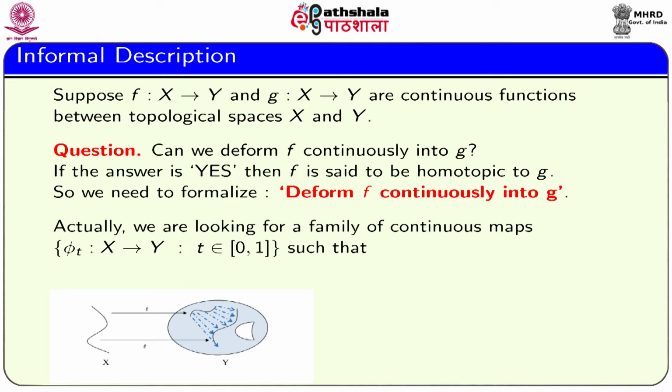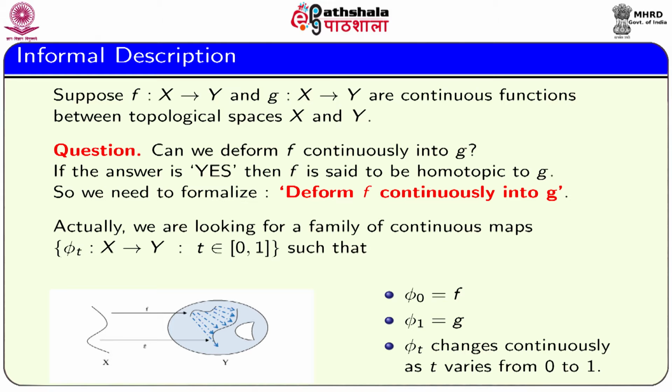For that, actually, we are looking for a family of continuous functions phi t from X to Y, where t is varying continuously in the interval 0, 1, such that the initial position of phi, that is phi 0, should be f, final position of phi, that is phi 1, is g, and the process is that phi t should change continuously as t varies from 0 to 1.